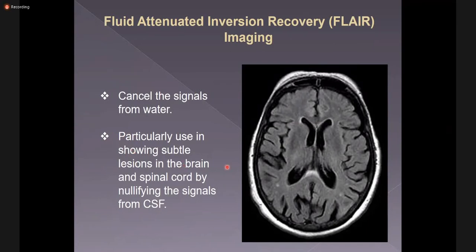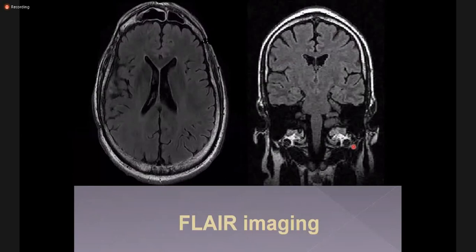So it is useful in showing certain lesions in the brain and the spinal cord, especially in the periventricular region, because when we nullify the signals from the CSF, the adjacent pathologies are more appreciated than the rest. So these are the FLAIR images.